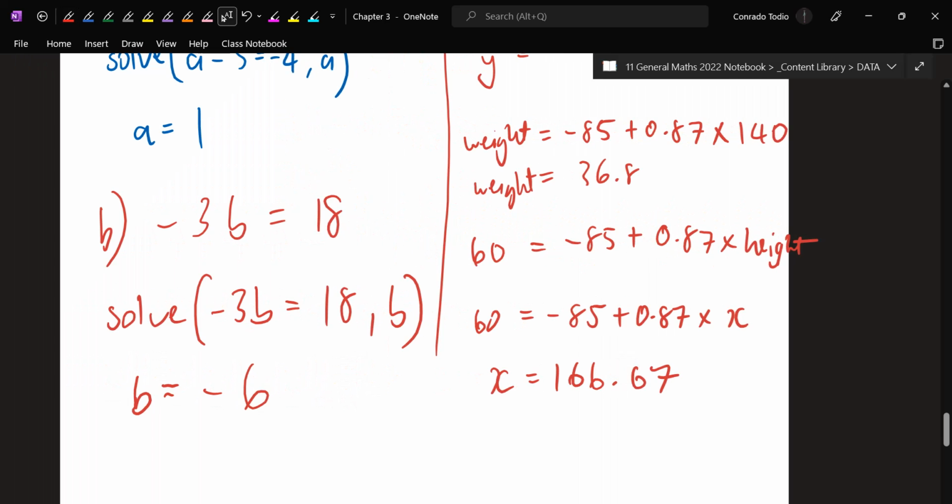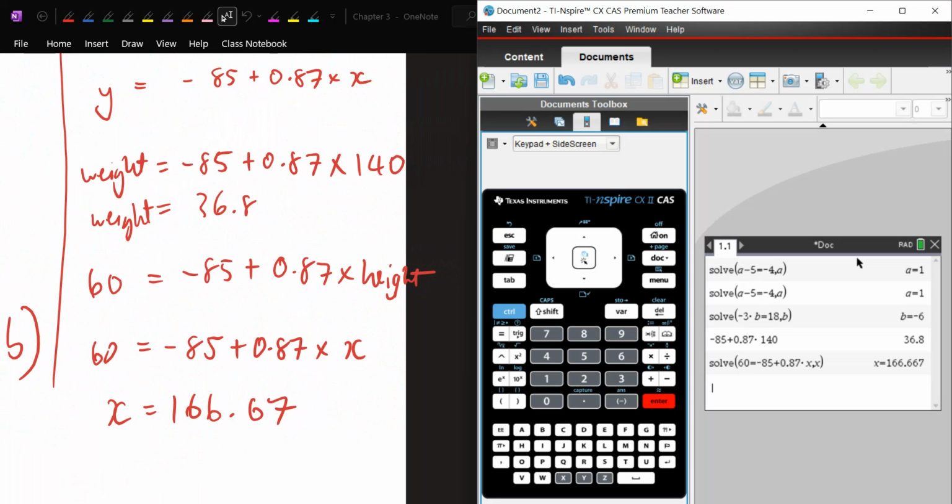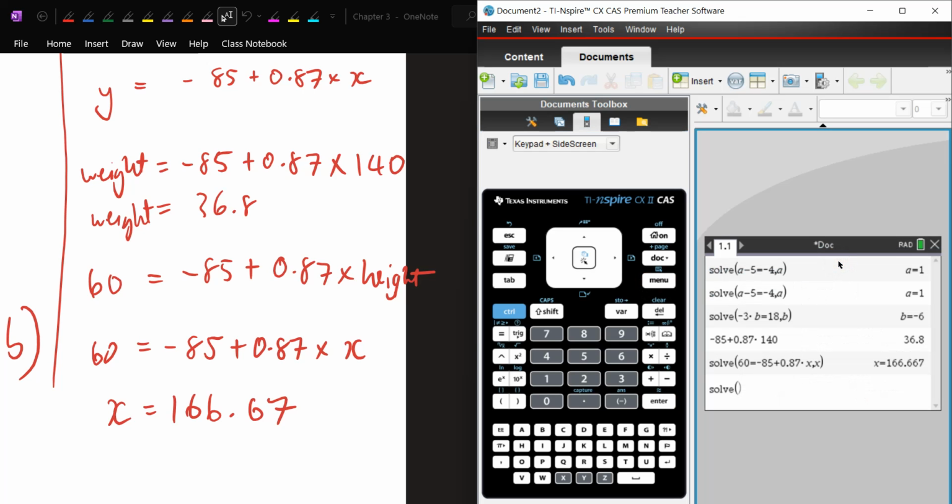Using that solve function, you can find different variables depending on what you're looking for. Just be aware that if you use the solve function, you can't write down something like weight. It won't work. If I type weight, see how it doesn't change the font?